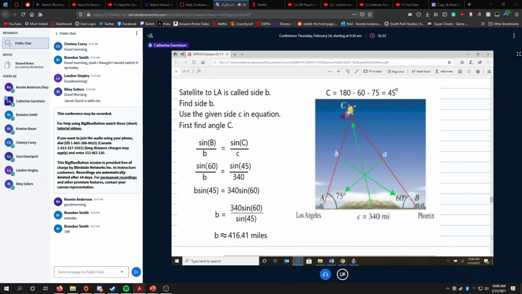Now, a lot of you have told me you had all of this in high school. Did you have law of sines in high school? Did y'all have that before in high school? Anybody have this before in high school?